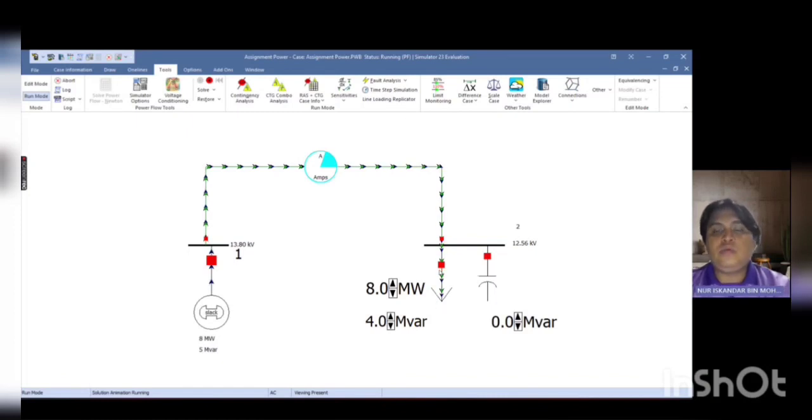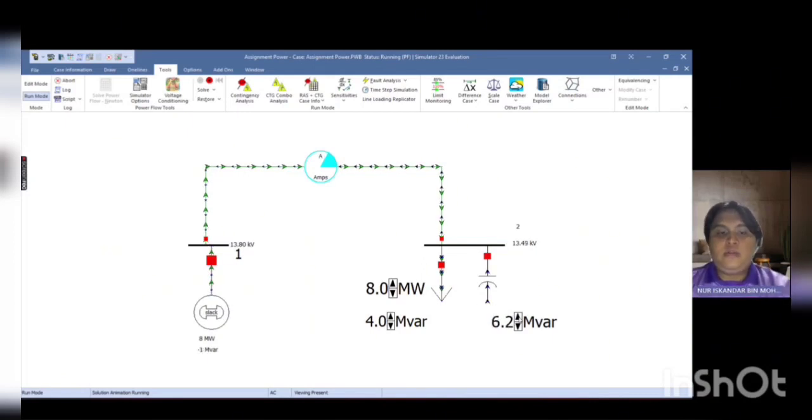In this simulation, we only change the value of the switch shunt reactive power. When we increase the reactive power on the switch shunt, the nominal voltage on bus 2 increases. Meanwhile, the reactive power on the generator decreases. Here it increases and it becomes 3 MVAR.